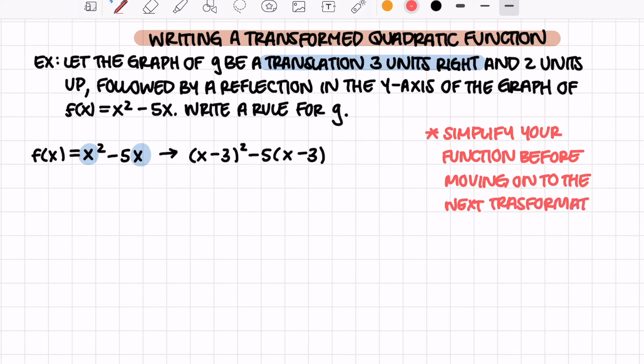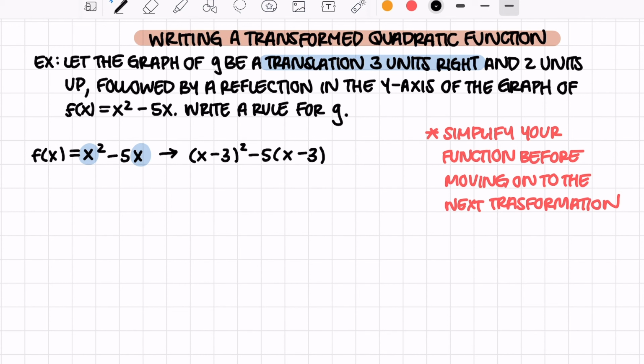The reason you want to do this is because it'll make your life a lot easier. When you have too many things in your function and it gets too complicated, it makes it more difficult to provide an accurate transformation. So let's simplify this first.